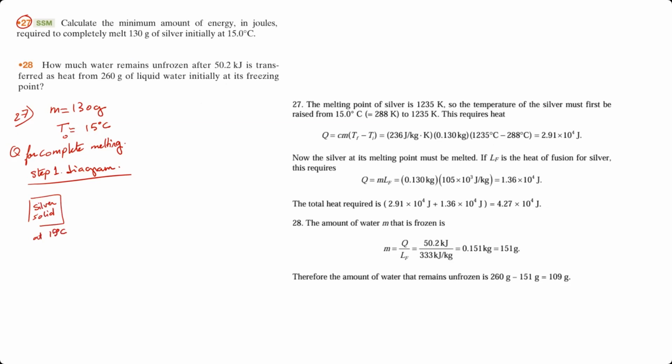What I'm going to do is, one, I have to check the temperature of the melting point of silver so that I can know my final temperature. So the melting point of silver, let me check. It's given here in the solution in Kelvin, but I prefer to write it down in degrees Celsius and keep everything in degrees Celsius. So this is 962 degrees Celsius.